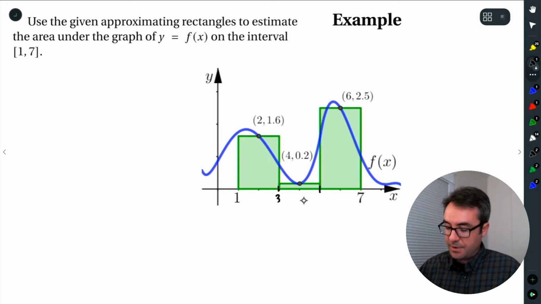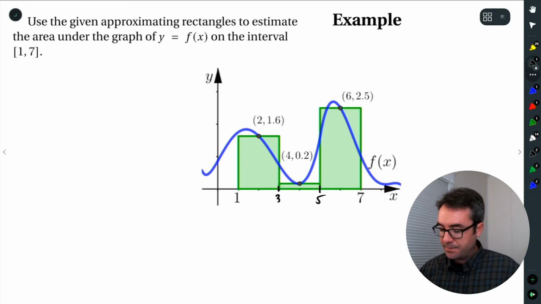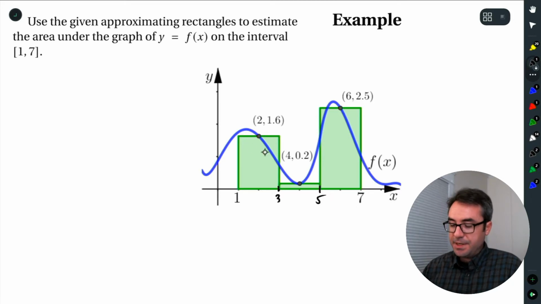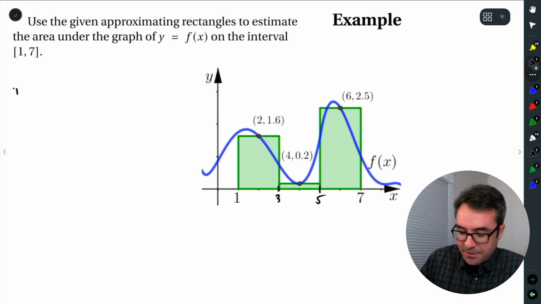Then we have a second rectangle here, kind of short, but it goes from 3 to 5. And then we have our third rectangle, which goes from 5 to 7. Each of these individual rectangles we call an approximating rectangle. And so let's think of our interval from 1 to 7.